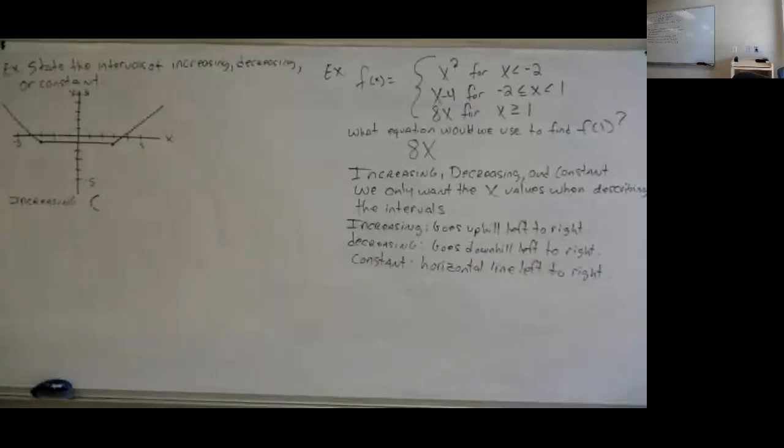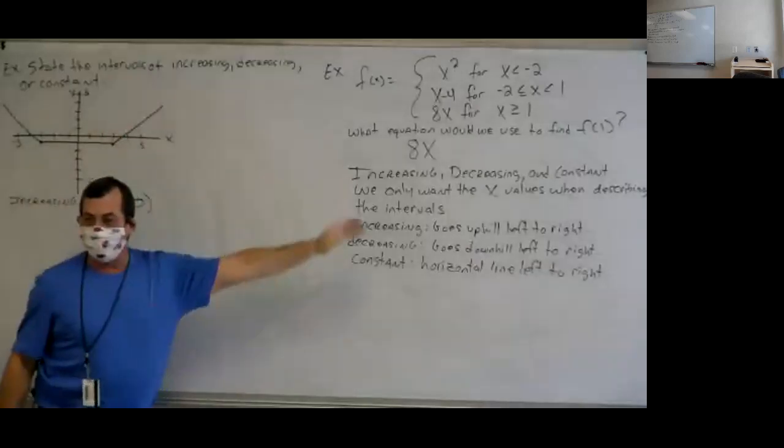So my question is, what x value does it start increasing at? +3. So just go to that x-axis and see what that thing is, right? And then it's increasing towards infinity. Go with me. From the x value of 3, my graph is going uphill.